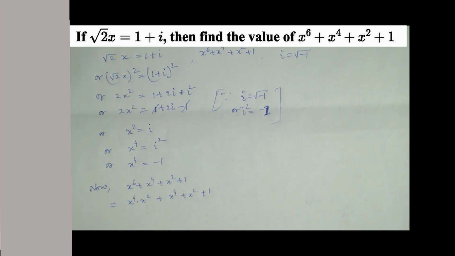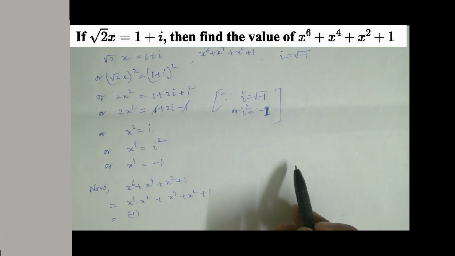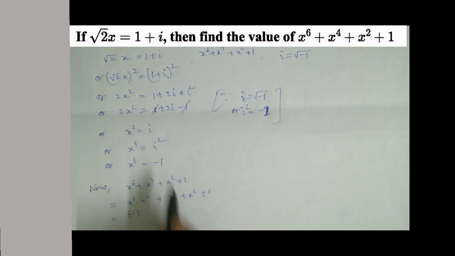Now put the values of what we have known. X to the power 4, known value, minus 1. X square, what is the value of x square? i. X to the power 4, minus 1. X square, i, plus 1.